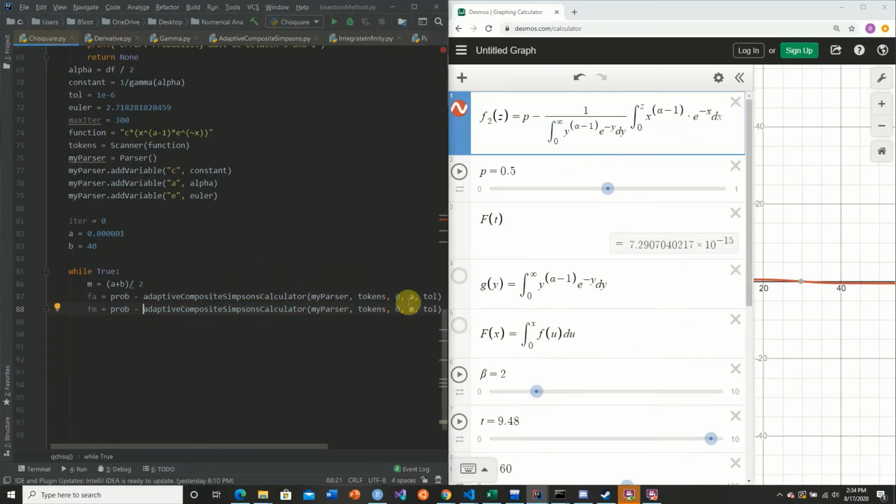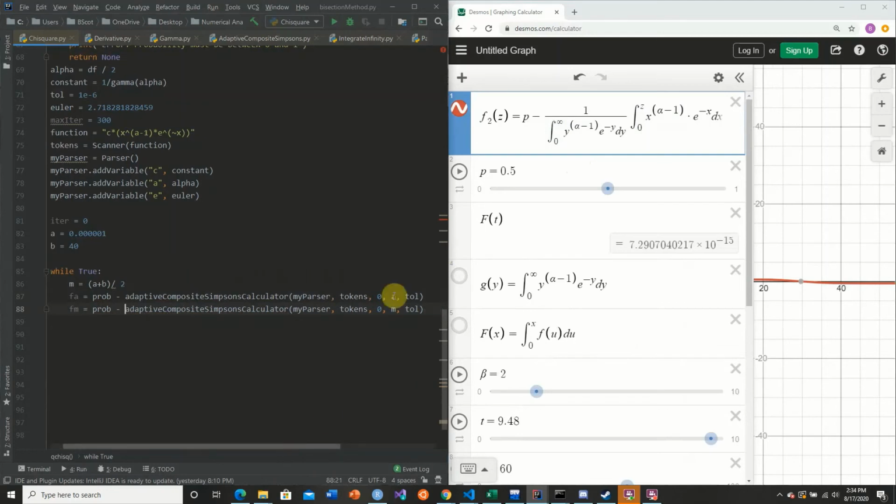And the reason why we're integrating is because we're trying to find out what z value does this equal 0. Because this right here is a constant, and this right here is also a constant, so the only thing that's changing is our z value. And so what we need to do is make a bisection method over this integral and find out at what z value does this equal 0.